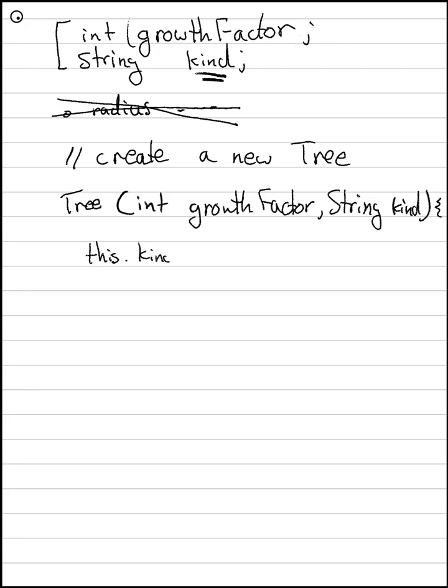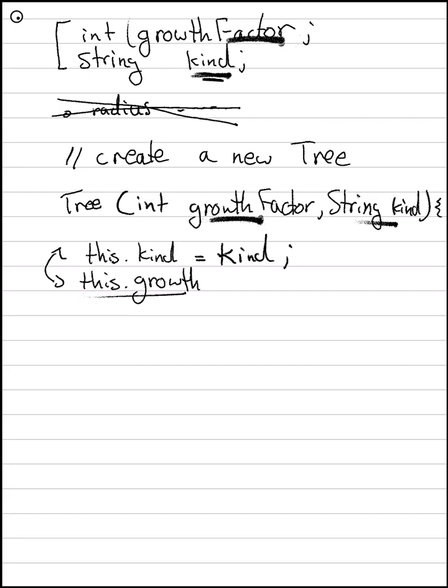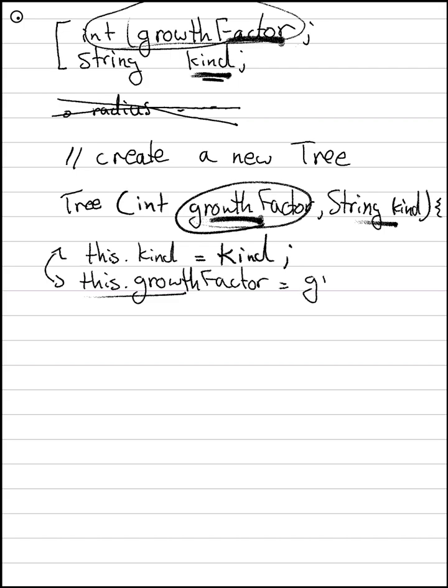And then this.growthFactor gets growthFactor. Yes, exactly. It's probably better to have it the other way around so that you follow the same order, but it doesn't matter for this case because you're explicitly saying this growth factor field should get the growth factor int that you're passing in.